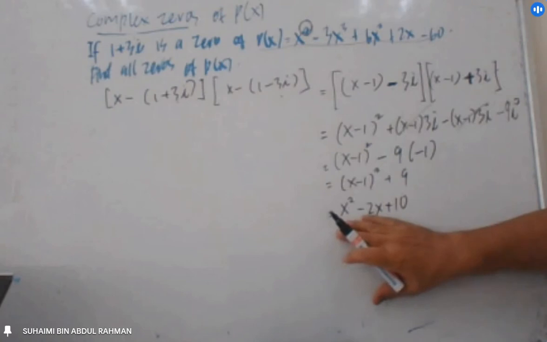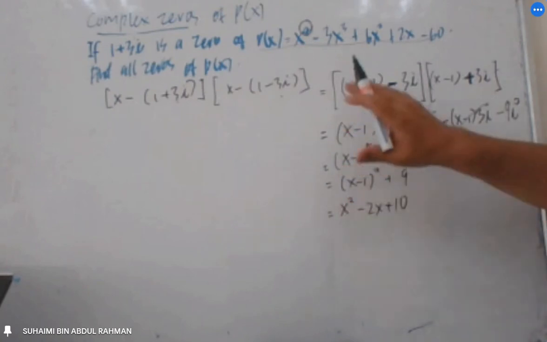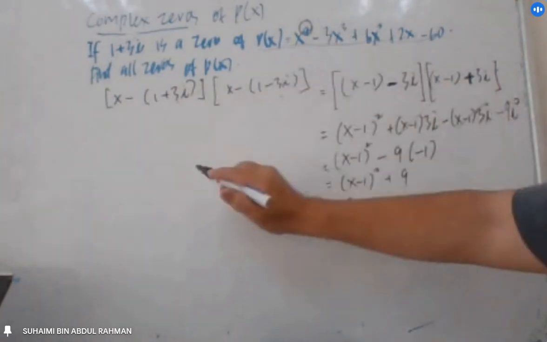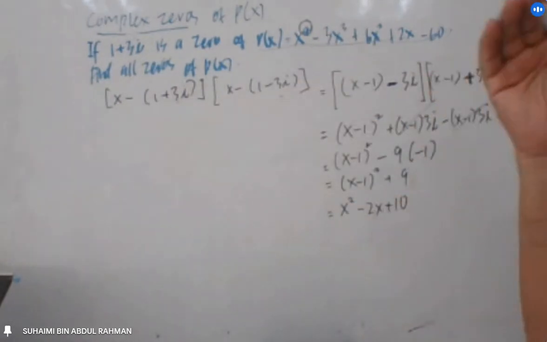So this is the small polynomial, so we divide the big polynomial by the small polynomial.